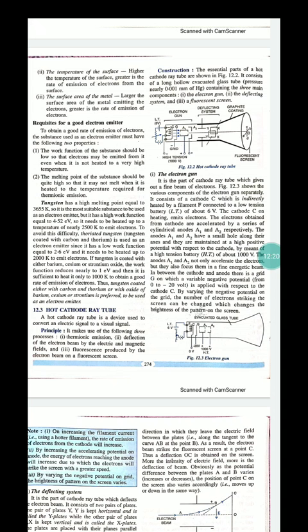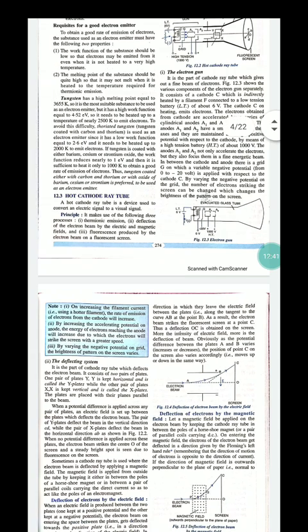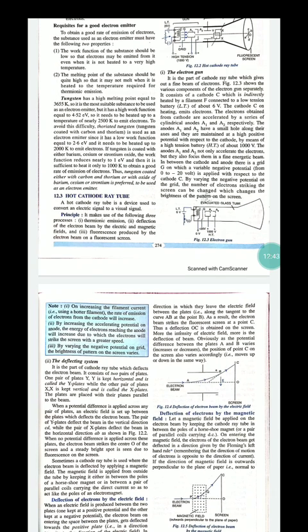And we have to know what the various types of electron emitters are. There are two types: directly heated electron emitters and indirectly heated electron emitters. So, we will read about the hot cathode ray tube.